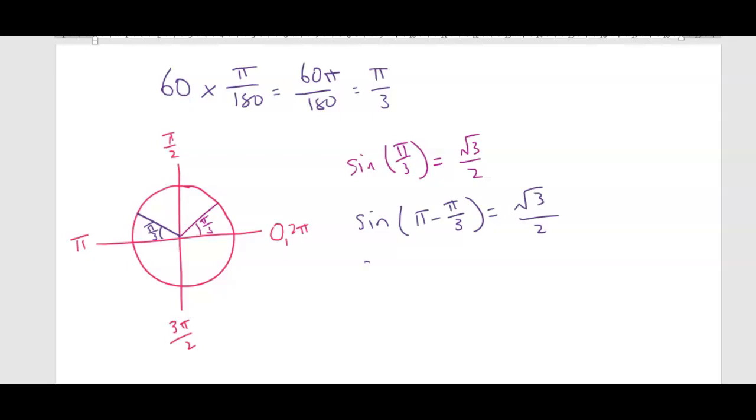Just have your denominators the same. So basically this is the same as 1 minus 1/3, but if you want to, we can just have pi written as 3 pi on 3 minus pi on 3. So 3 pi minus pi is 2 pi. So 2 pi on 3 equals root 3 on 2.